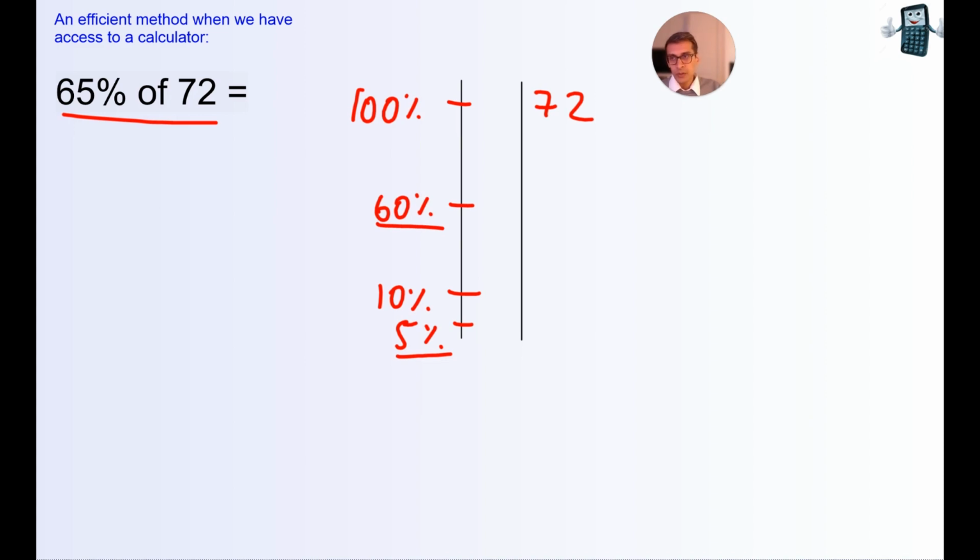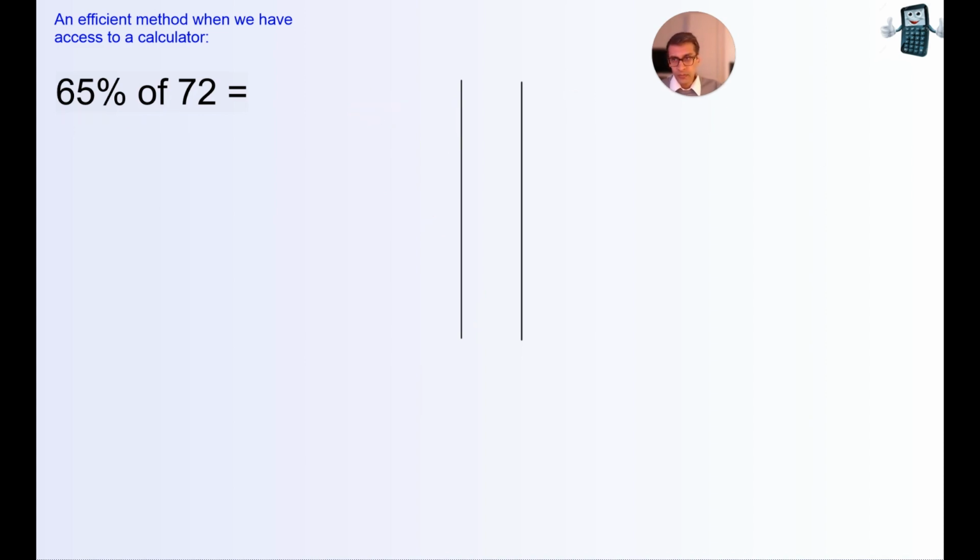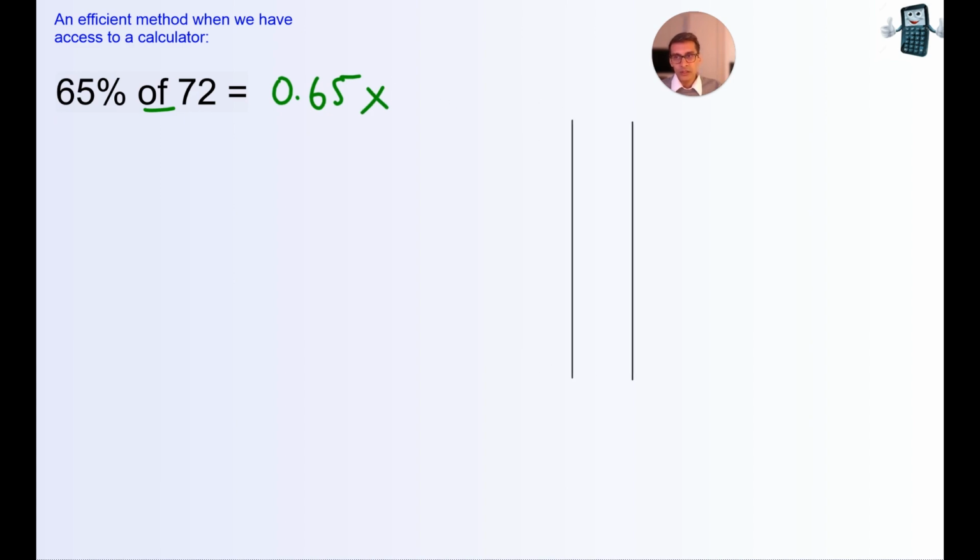However, since we now have a calculator, we're going to turn this calculation from a percentage multiplier into a decimal multiplier. So we know 65% is equivalent to 0.65, of means times, and 72 is just going to stay as 72.